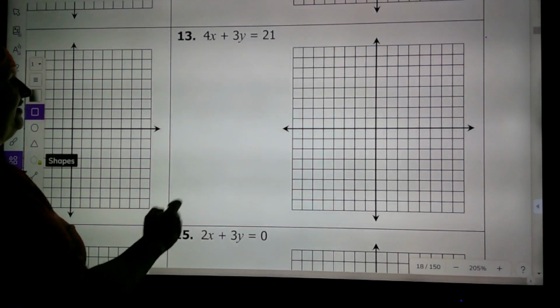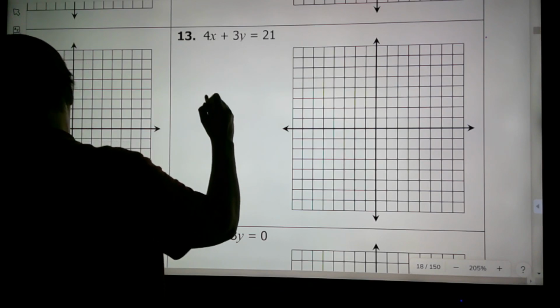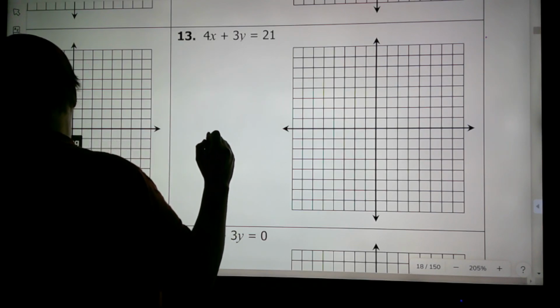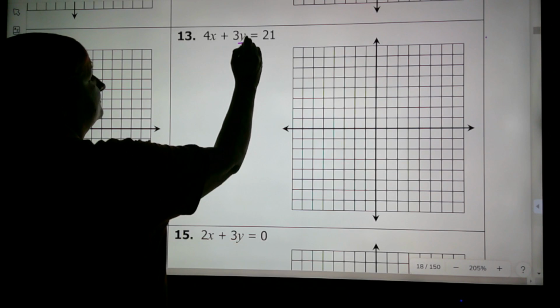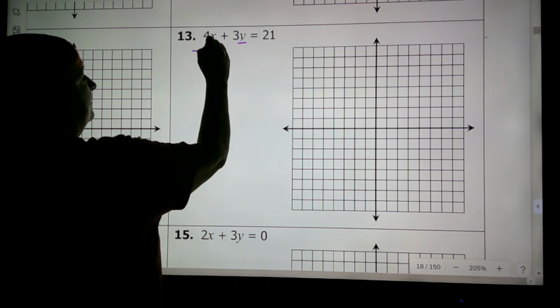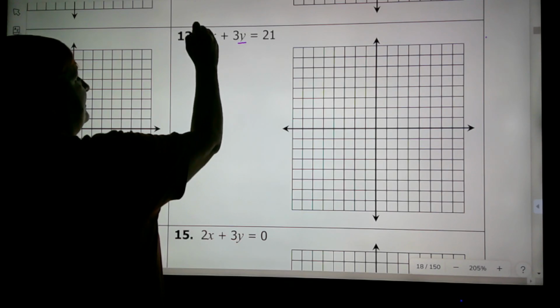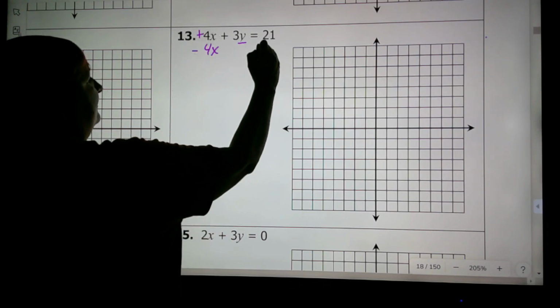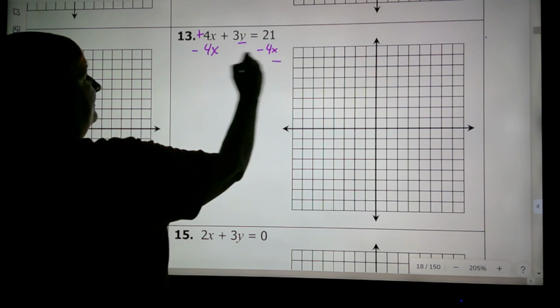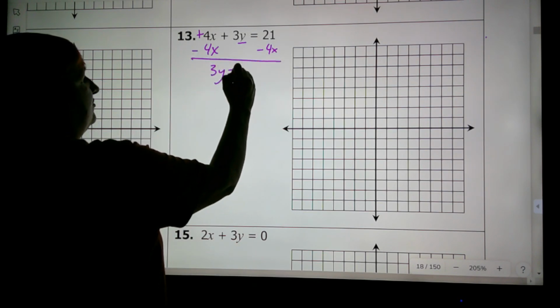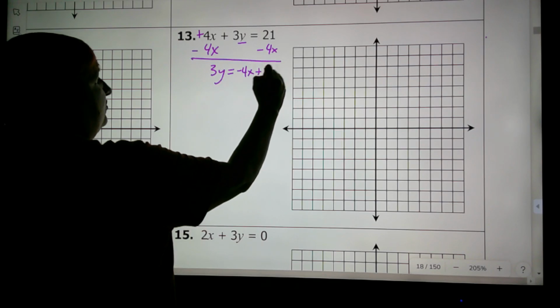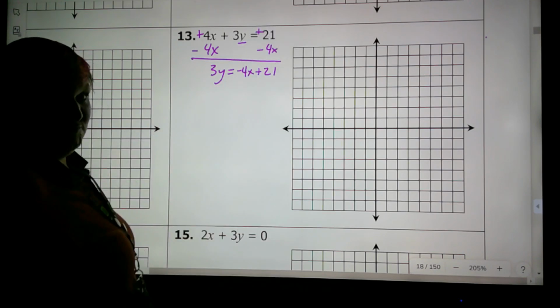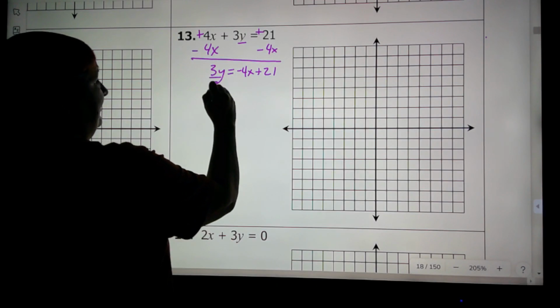Okay, again, convert, solve for y. Because it doesn't have a sign, you can assume it's positive. 3y equals -4x plus 21. Divide by 3.